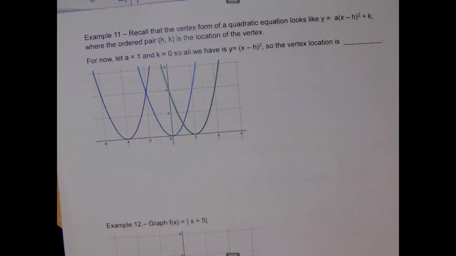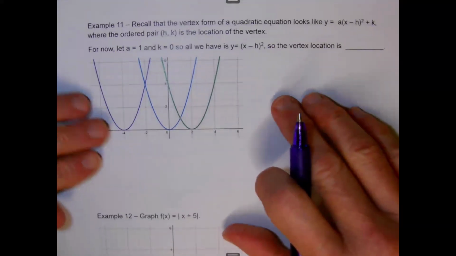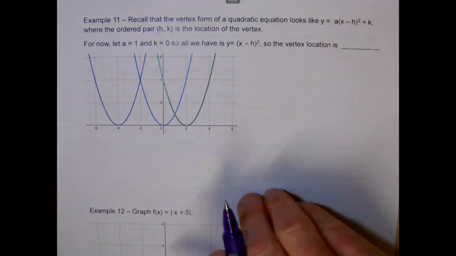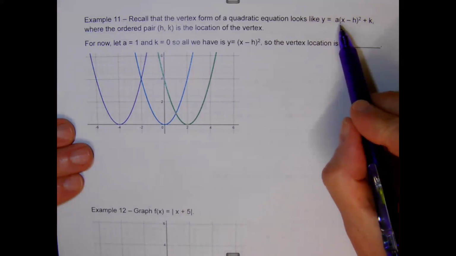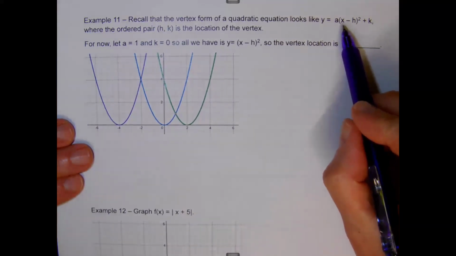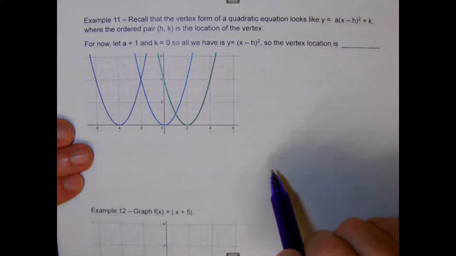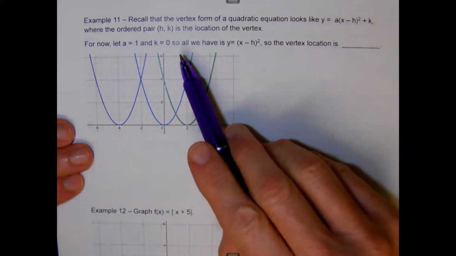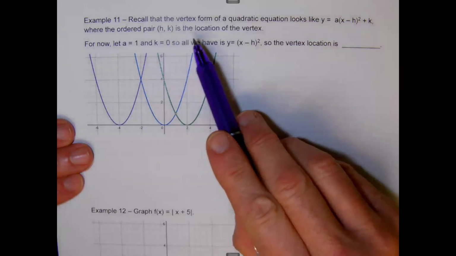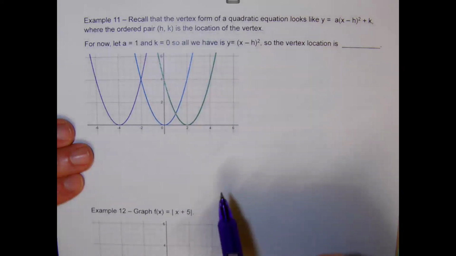Recall that the vertex form of a quadratic looks like this: a times x minus h squared plus k, where the ordered pair h, k is the location of the vertex.